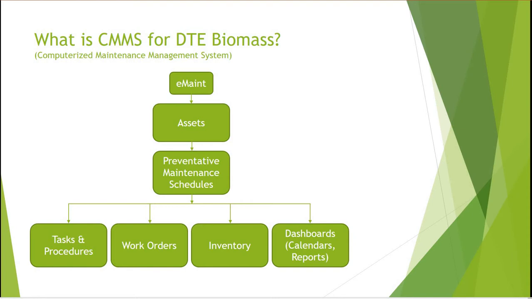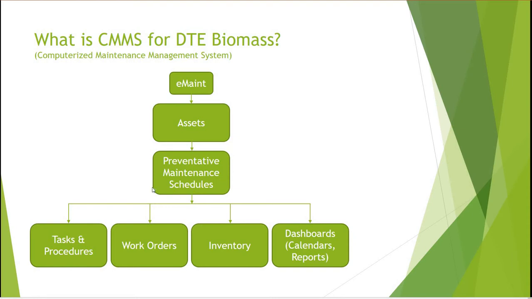So an asset, for example, would be a chiller or a blower or a company truck, and preventative maintenance schedules consist of things like changing the oil or lubrication or doing any kind of regularly scheduled maintenance.